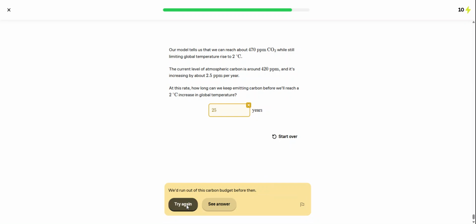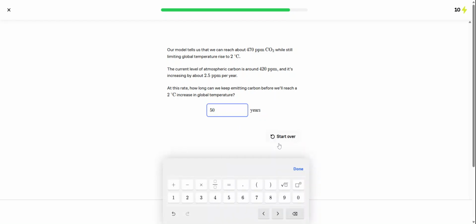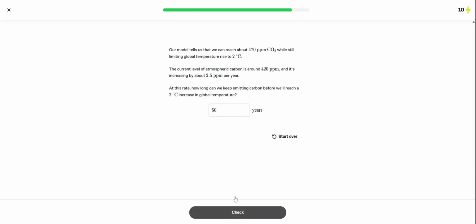Oh, we run out of carbon budget before then. Oh yeah, 2 minus 1.5 is 0.5 degree. Start over, let's assume 50 years. Done.